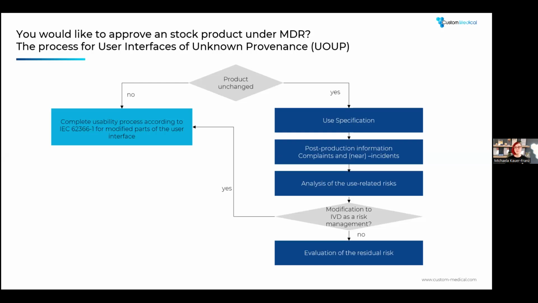If you do have post-production information, so PMS data, you need to analyze this, and you need to show that there are no use-related risks that are related to the design of your user interface. Or you at least need to analyze that and make an interpretation.